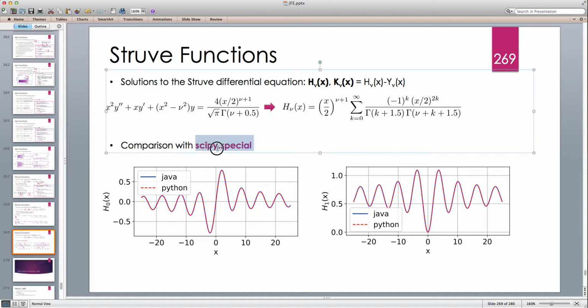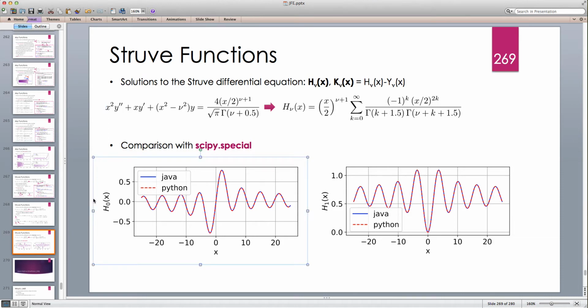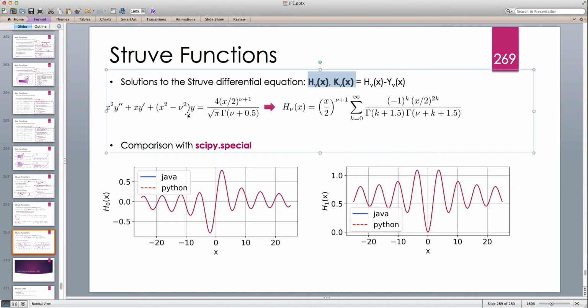All right. So here's a comparison with the SciPy special module. The blue is the Java implementation that I did, and the red one is the Python implementation from SciPy special. This is H0, and you see the oscillatory behavior. This is H1, and again you see the oscillatory behavior. Because these H nu and K nu, the Struve functions of the first kind and the second kind, are solutions of the wave equation, they should exhibit these oscillatory behaviors.